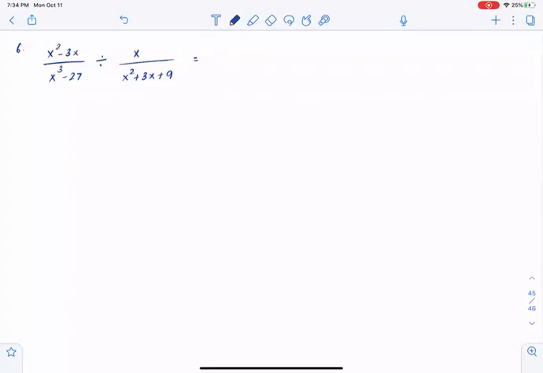First step, we have to convert the division to multiplication. So x squared minus 3x divided by x cubed minus 27 multiplied by x squared plus 3x plus 9 divided by x.